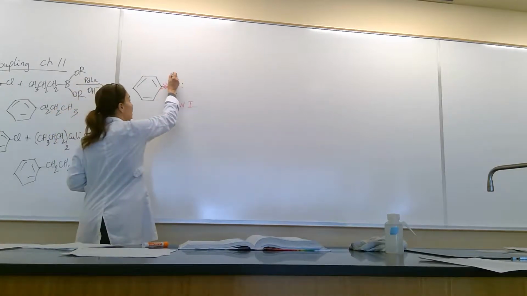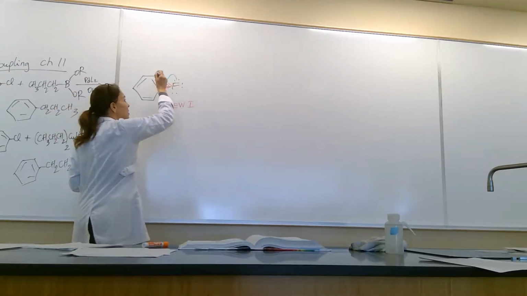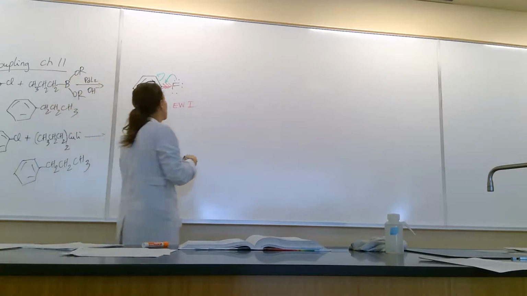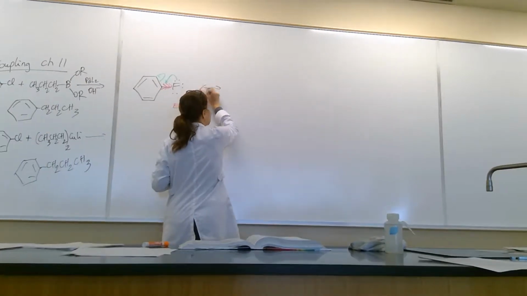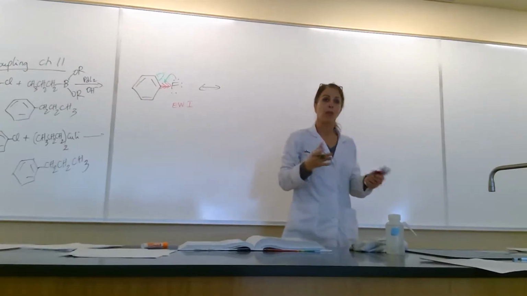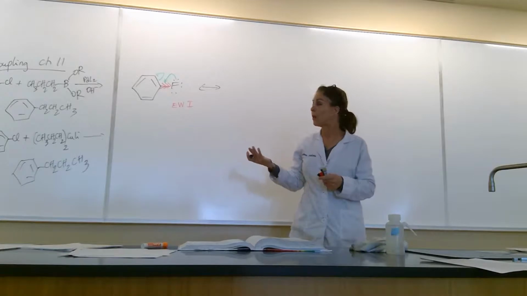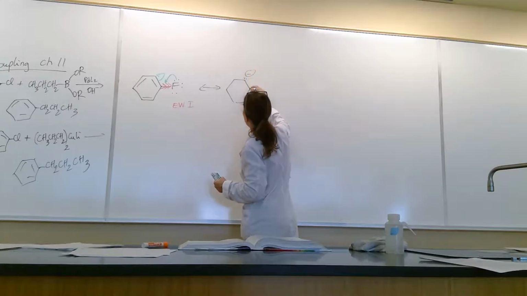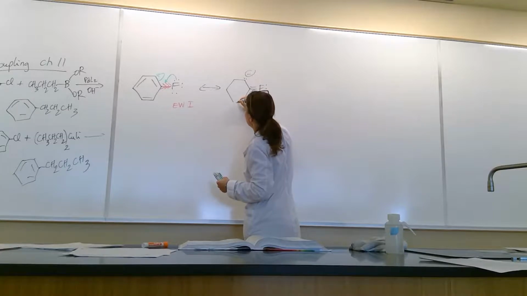So it can go here and this goes here. Not everything is black and white. Not everything is either or. There are things that are both, and this is the scenario where we have both. So fluorine here is electron withdrawing by inductive effect, but also electron donating by what?